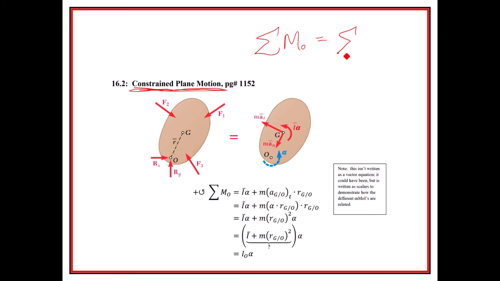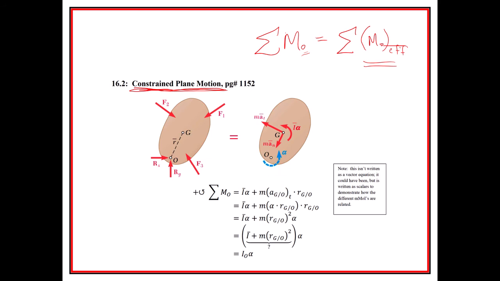The effective moment is, just as I described, mass times acceleration times the distance from the center of mass to the point about which we're moving, that O. It's only for the constrained case, though. When something is pinned about a point, this applies. What happens now does not apply to any other condition.